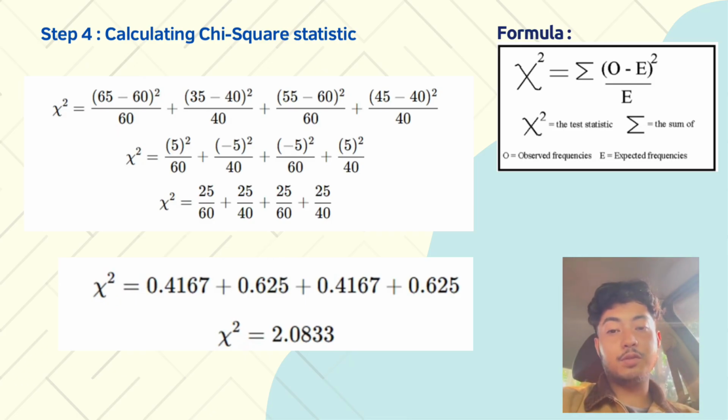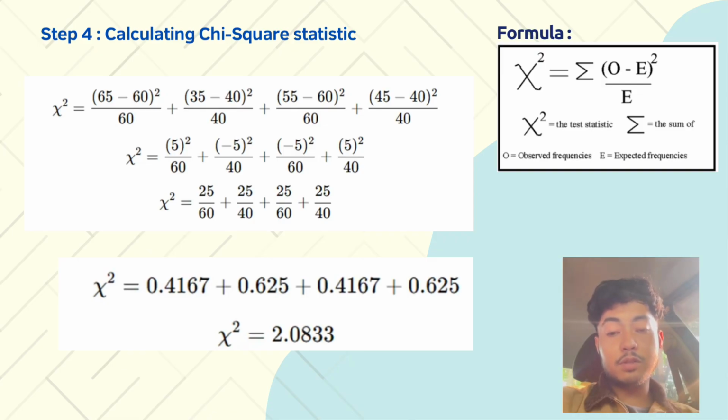That's why the calculation will be (65 minus 60) to the power of 2 divided by 60. 65 is the number that we identified from the observed frequency table, and 60 is the number that we take from the expected frequency table. So the calculation continues with (35 minus 40) to the power of 2 divided by 40, plus (55 minus 60) to the power of 2 divided by 60, and (45 minus 40) to the power of 2 divided by 40.